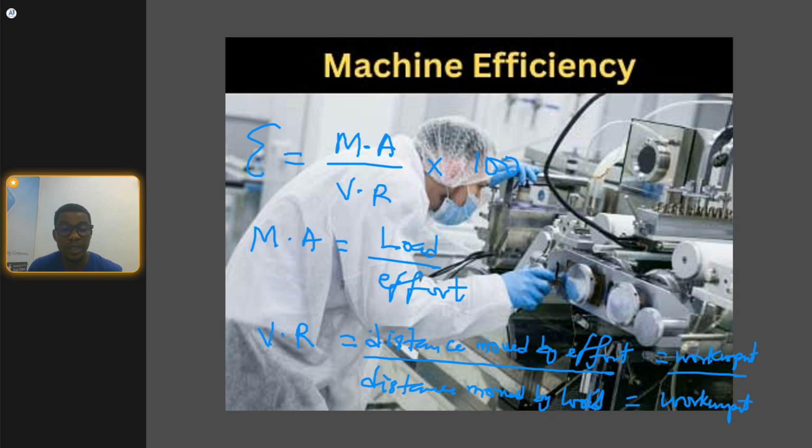So we are going to be using these formulas to solve questions in simple machine. We're going to consider how to obtain the efficiency of a machine, the mechanical advantage of a machine, and also the velocity ratio of a machine.